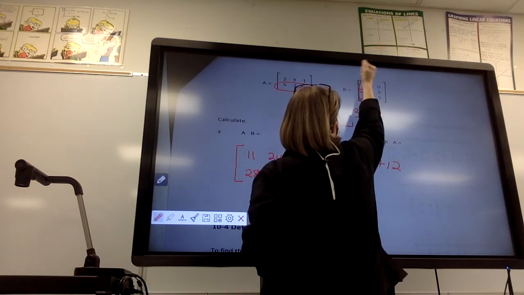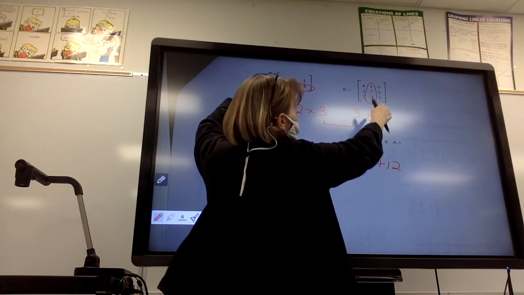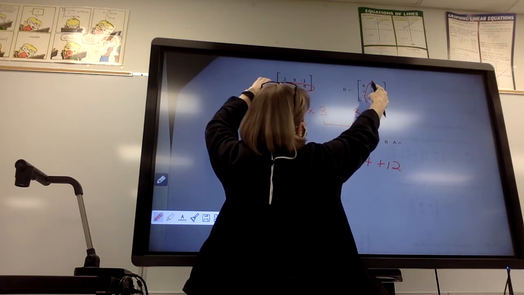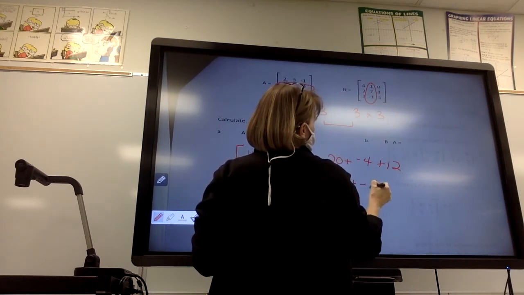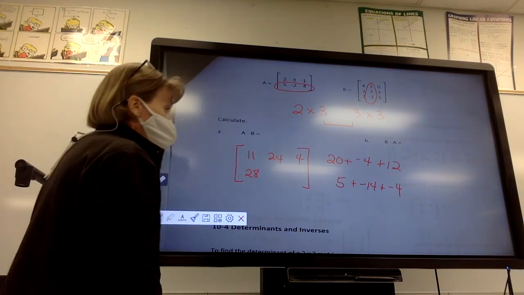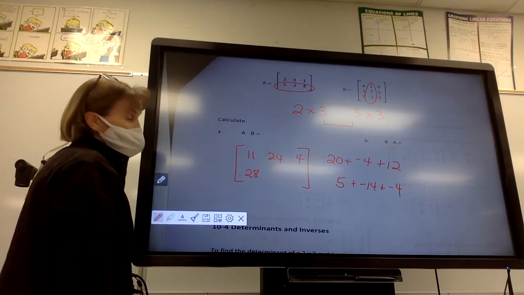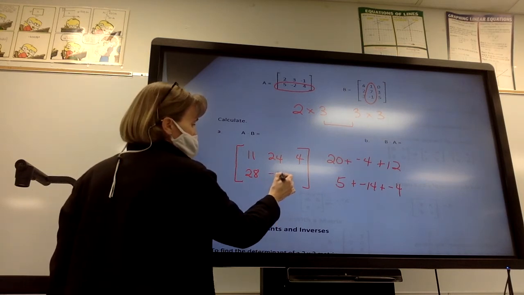Okay, that was the first column, so now let's move to the second column. Stay in the second row, but move to the second column. 5 minus 14 minus 4. Okay, so 5 plus a -14 plus a -4. -13.